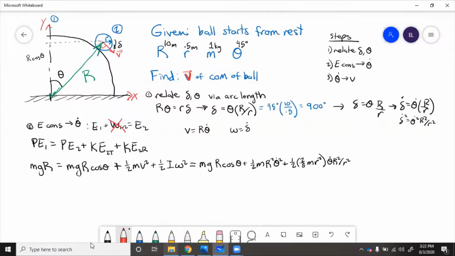So on the left side and the right side, we can get rid of m. And here we can cancel the 2's and the little r squareds.